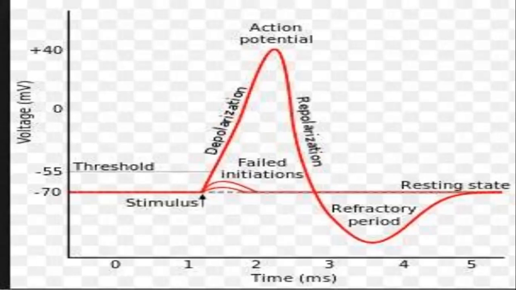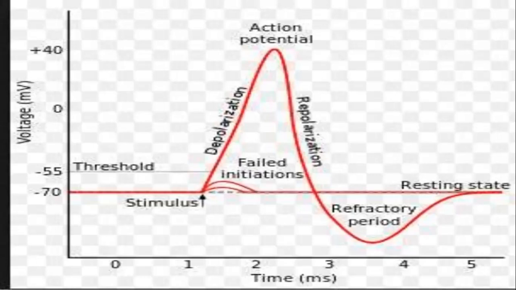There are three stages as we have discussed. One is the open state, followed by the inactivation state and the closed state. Once the channels become inactive, however much you increase the strength of current, you cannot generate an action potential. The sodium channels are fast to open and fast to close, while the potassium channels are slow to open but remain open for longer intervals.